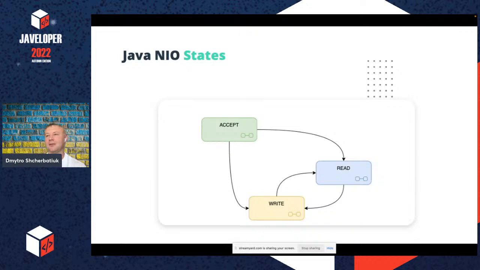For example, if we have data to read, we get a read event. If we need to write data, we send data to the write buffer and switch to the write event.